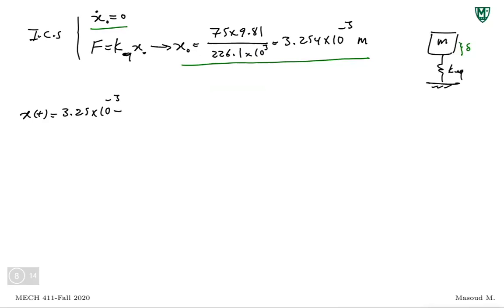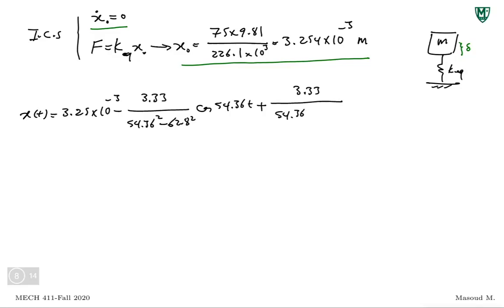Minus 3.33 divided by omega n, which is 54.36 squared, minus omega, 62.8 squared, cosine 54.36t, plus the second term becomes 0 because x naught dot is 0, and the last term would be 3.33 divided by 54.36 squared minus 62.8 squared, cosine 62.8t.